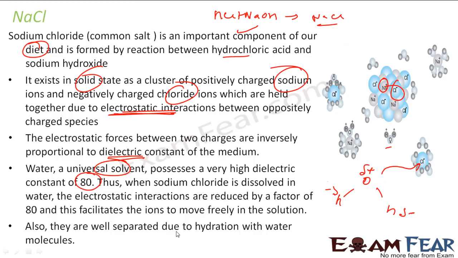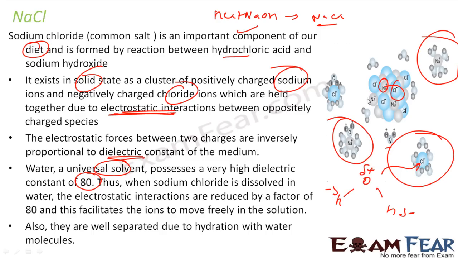Water molecules will separate the sodium and chlorine. Around the Na+, the oxygen ends will surround it and form a hydrated pair. Around the chloride ion, the hydrogens will surround it, and they will be separated.